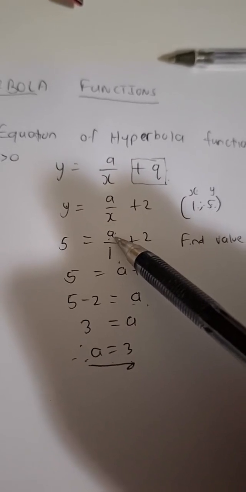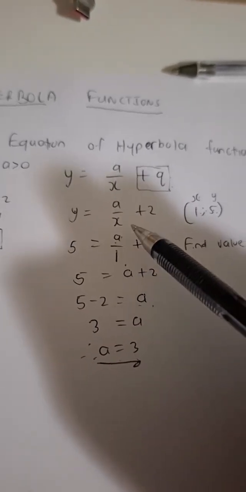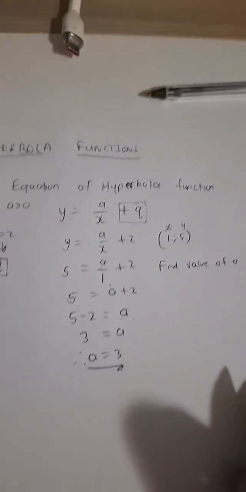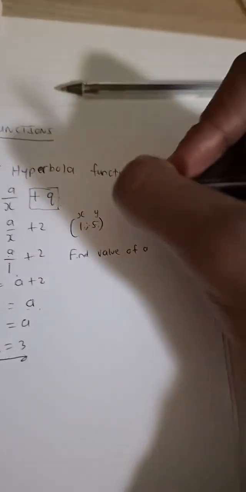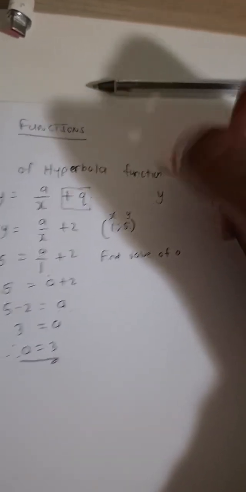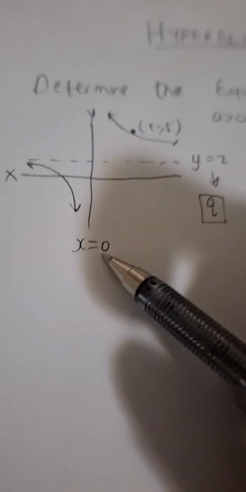If we were given the vertical asymptote, then my dear beloved friend, like here, we have been given the vertical asymptote. Okay.